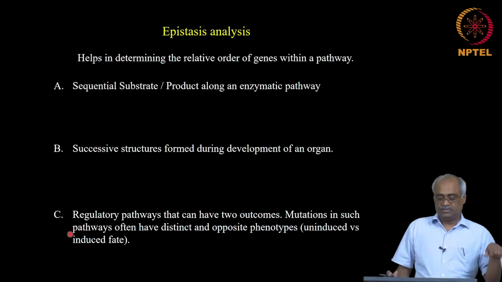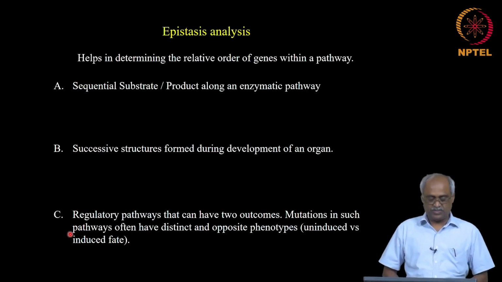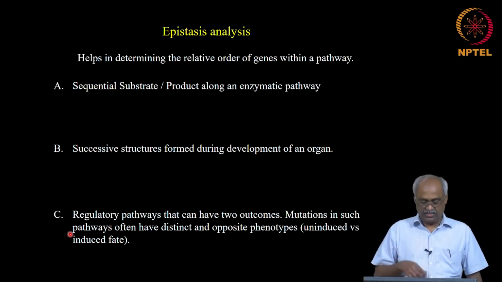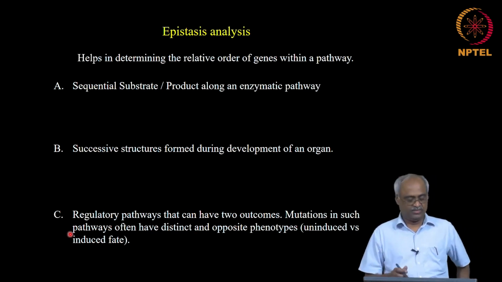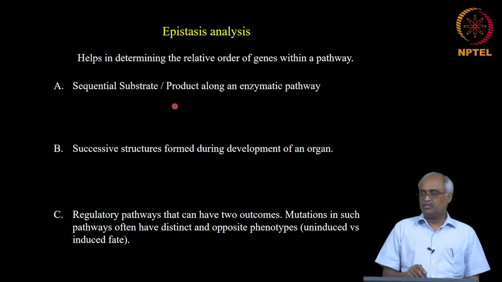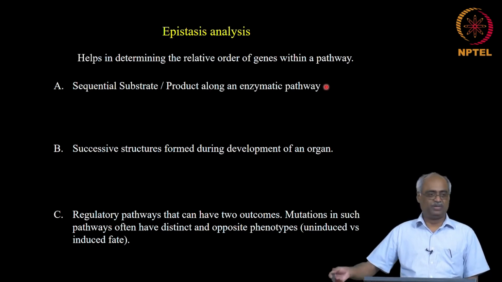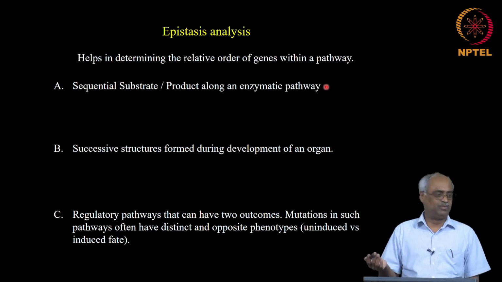Okay. So, epistasis basically helps us to find the sequence of a gene function if multiple genes are involved in a pathway, right. So, what kind of pathways exist? The most well known one would be enzymatic pathway in a biochemical series, like glucose to glucose 6-phosphate and so on to pyruvate, glycolysis, almost all of you know, I guess, right.